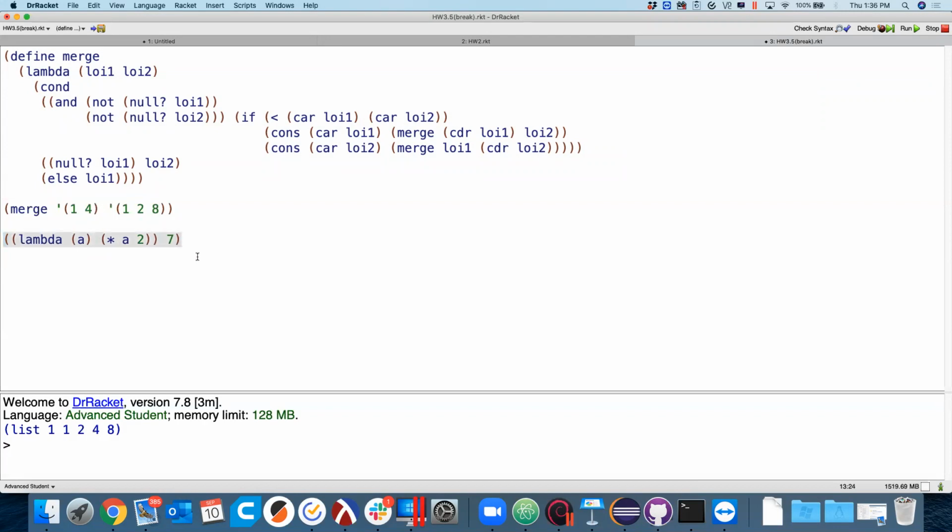What would the output of that be? I'll highlight there so you can see where the lambda ends. Actually, will this work?